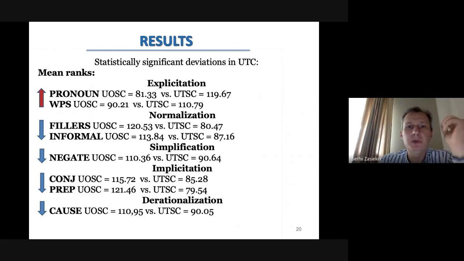mean ranks. The program, SPSS, counted mean ranks of linguistic units like pronouns, gap fillers, discourse markers, such as well, so, okay, good, that is those which are used in their procedural meaning, right?